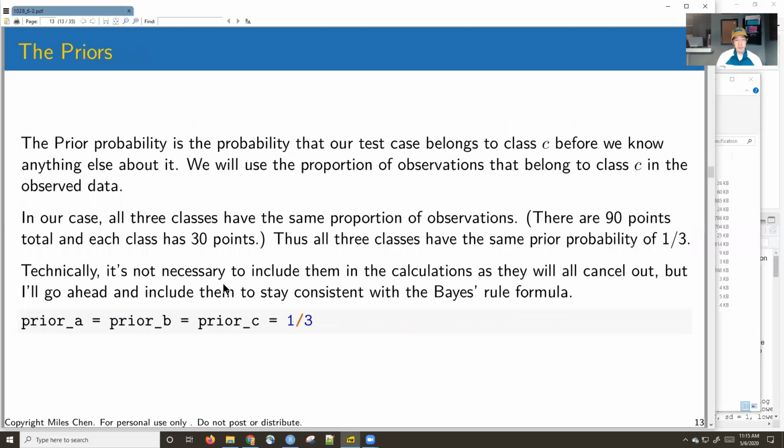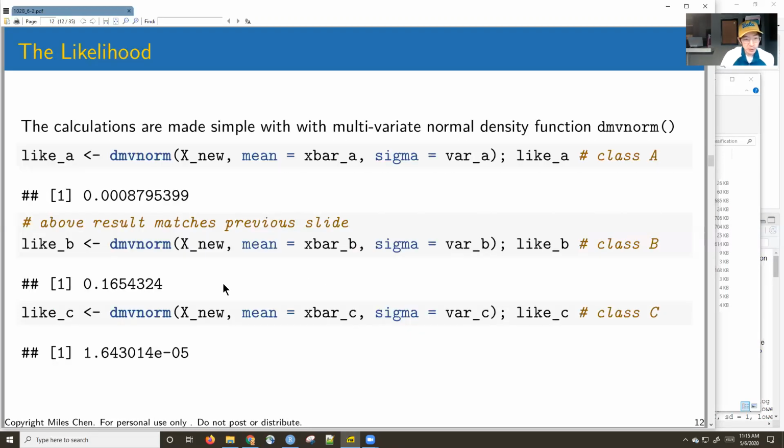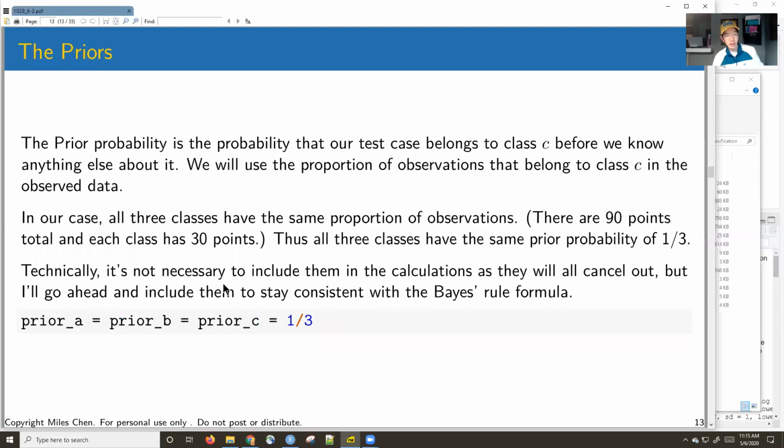All right, so that's the likelihood, and now we want the prior probability. The prior probability is the probability that our test case belongs to a particular class C before we know anything else about it. For this, we're going to use the proportion of observations that belong to class C in the observed data.